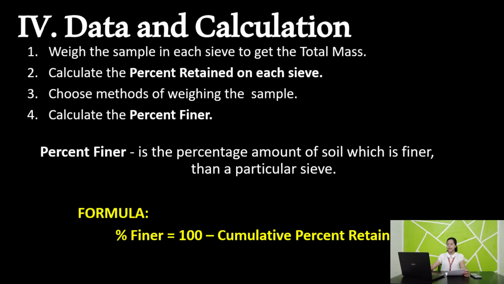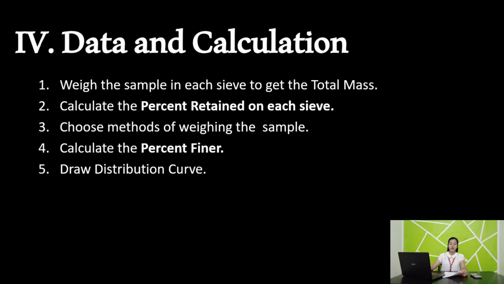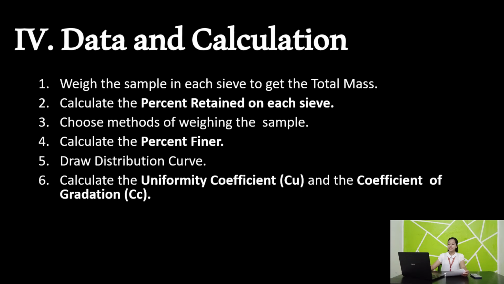Next, kindly take note of those formulas because we are going to use them later on. Next is number 5. Draw the distribution curve. Later on, I'm going to show you an example of a distribution curve. The last one is to calculate the uniformity coefficient and coefficient of gradation.